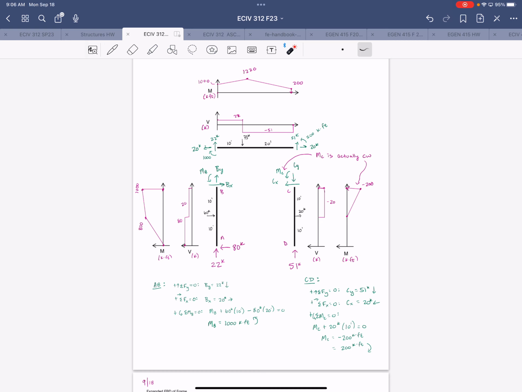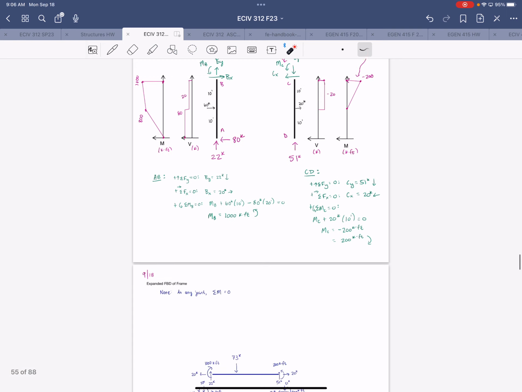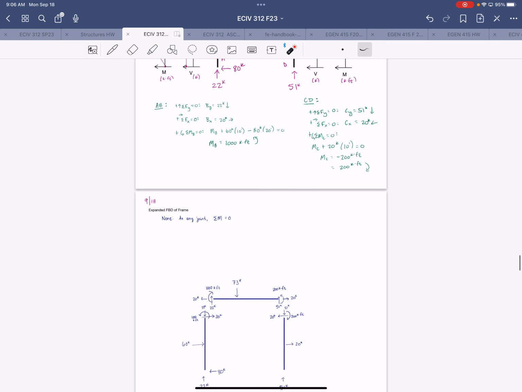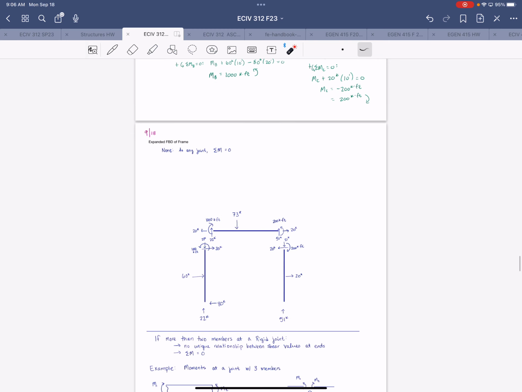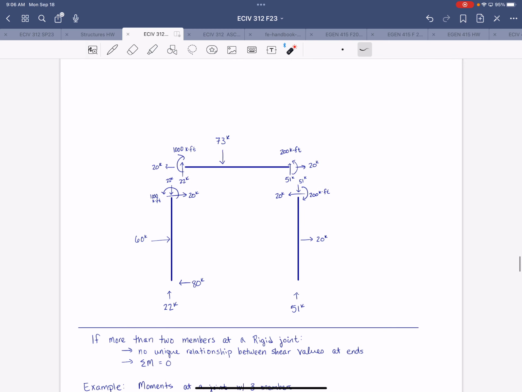And a few other things I want to note here, all right? So this is kind of on the next page. On the next page, we have the same frame, right? This is the expanded free body diagram showing all of the forces and reactions with their correct magnitudes and directions.